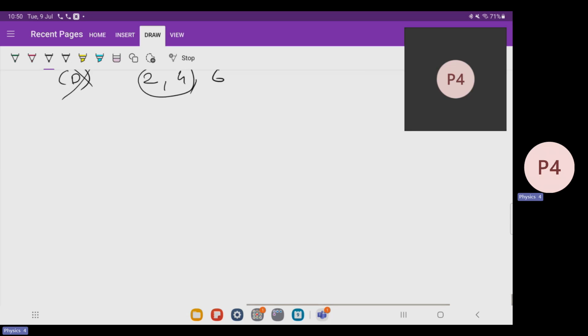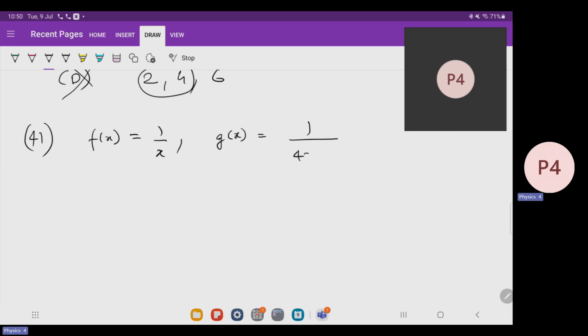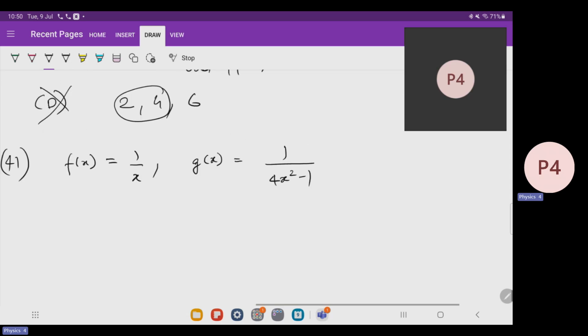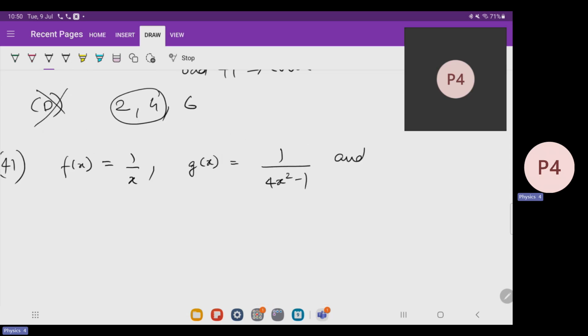Question 41. Let f of x is equal to 1 by x, g of x is equal to 1 upon 4x square minus 1, and h of x is equal to 5x upon x plus 2.